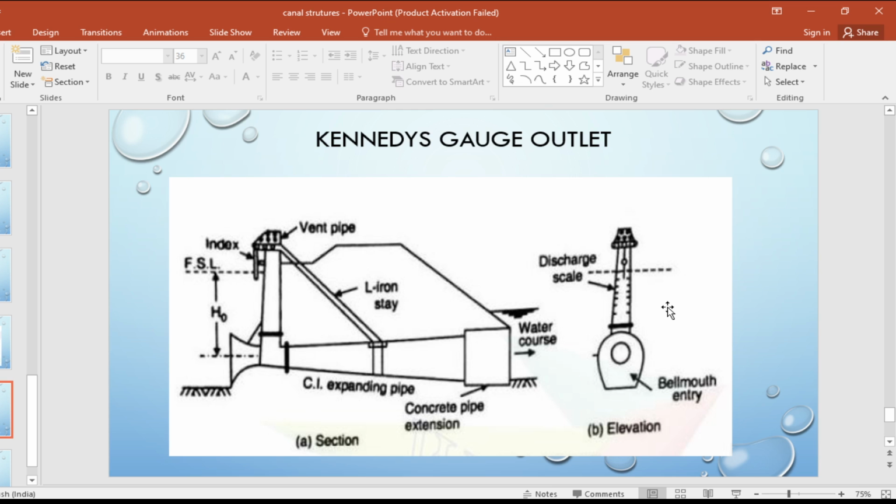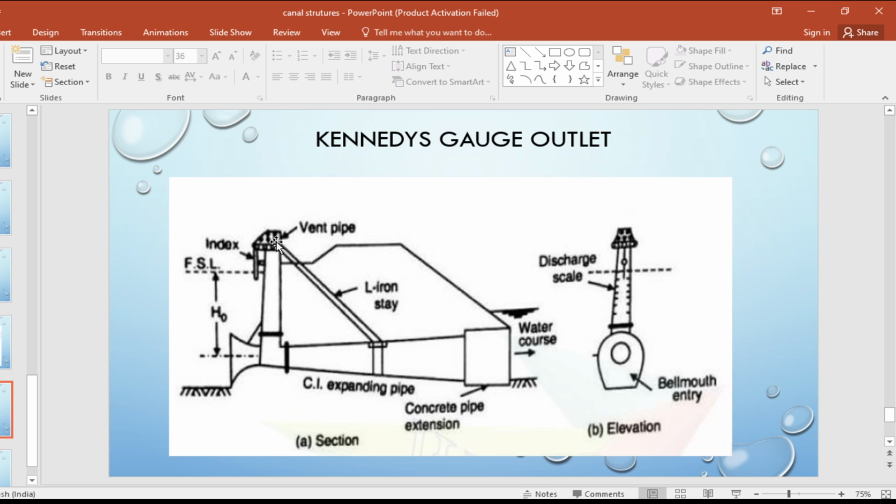Now water from the distributing channel enters the outlet through the bell mounted approach here. From the narrowest diameter at the throat, the jet shoots across the air in the base of the vertical air vent pipe.